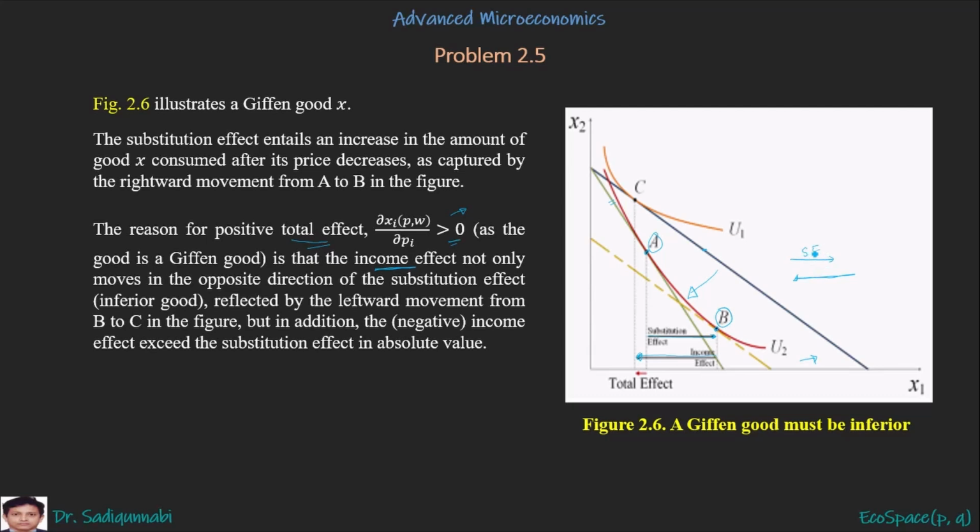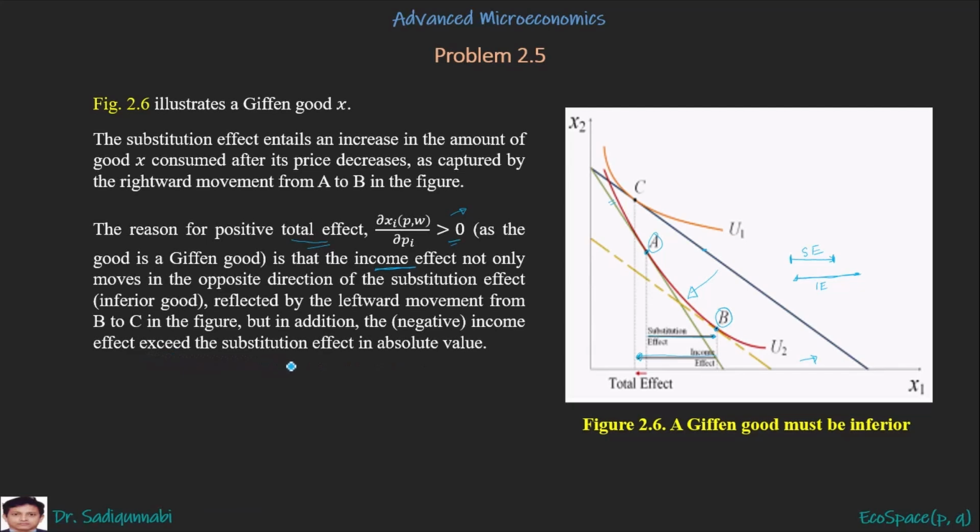The absolute distance is more, although both are negative. The absolute movement for both is not the same. The income effect is more. That exceeds the substitution effect in absolute value.